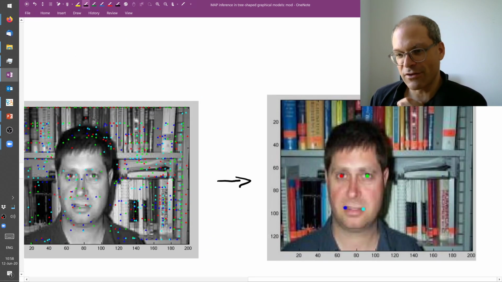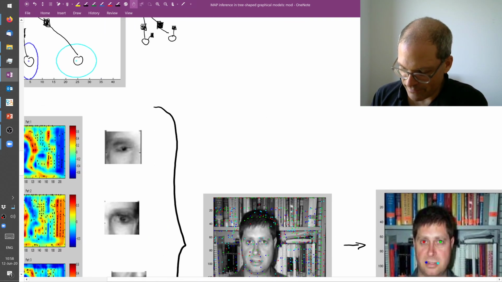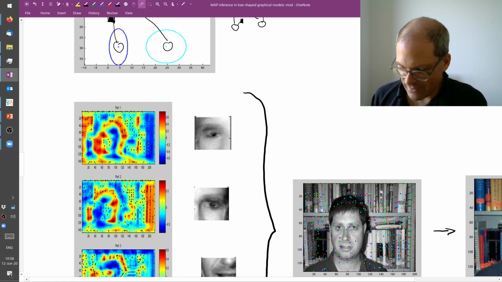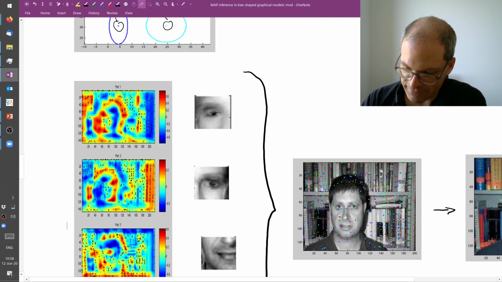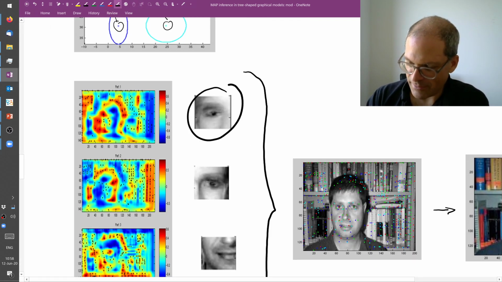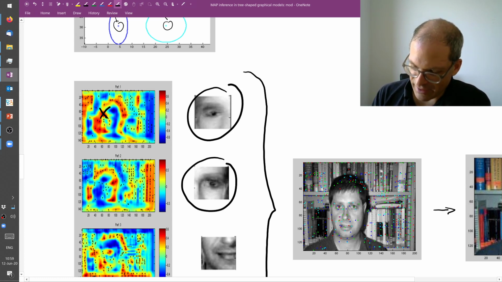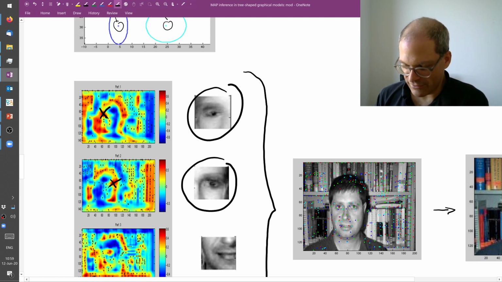The 2 eyes and the 2 corners of the mouth have been found, even though, and this is the nice thing, the individual detectors were not perfect. So in fact, for this eye here, the strongest maximum was at the correct spot. But the other eye had a pretty strong maximum at the correct location, but it had an even stronger maximum, for whatever reason, at the wrong location.